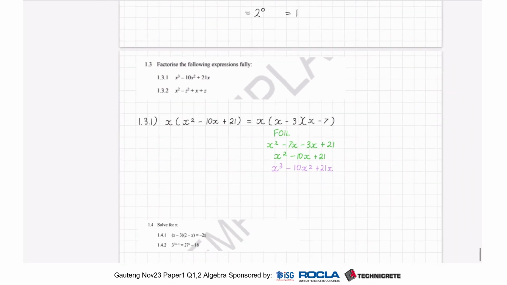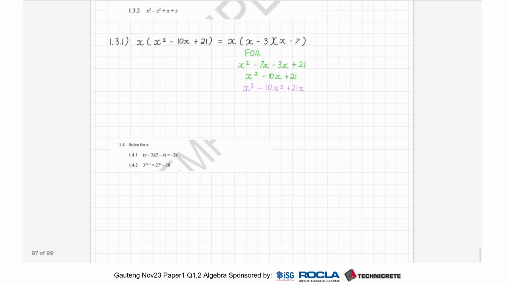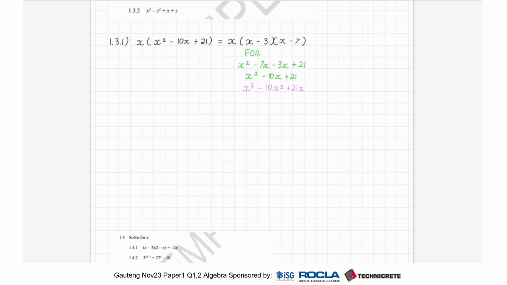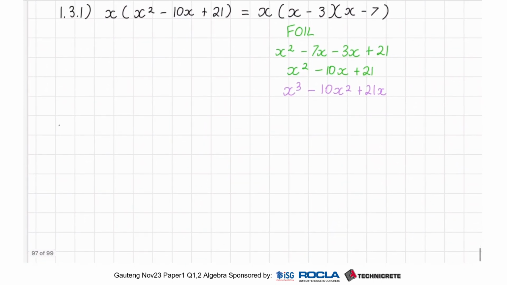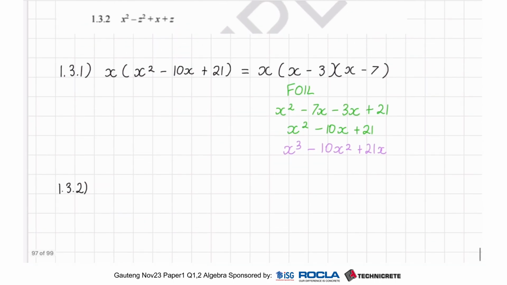Then for the next part of 1.3, we have 1.3.2, which is x squared minus z squared plus x plus z.